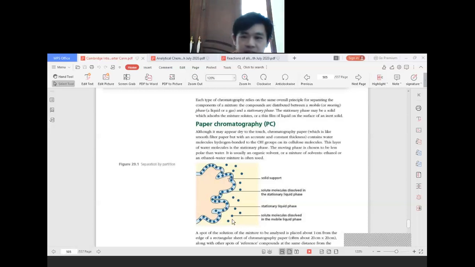This is the path, and of course it is located in the paper. The paper itself is called the solid support, and then we put a drop of a sample on the starting line, and then we dip it deep into the solvent.